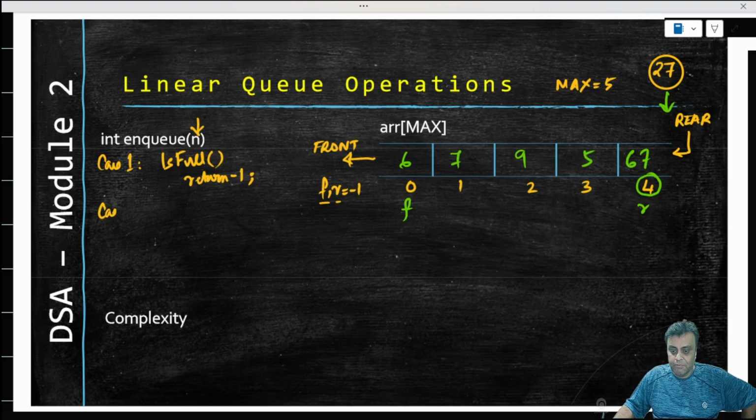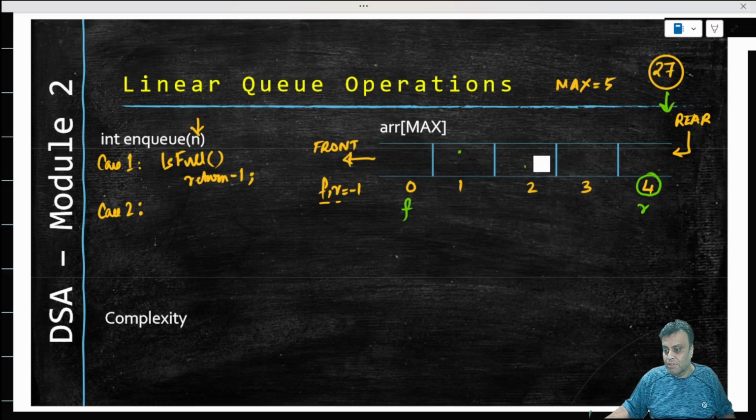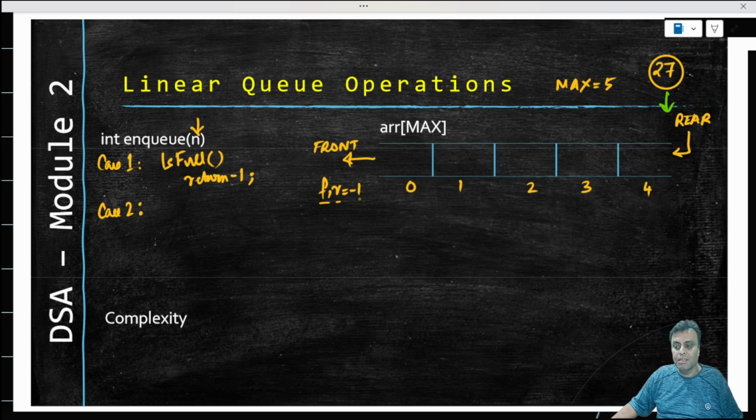The second step for me will be, if I come back to our empty queue concept, then my front and rear are at -1. So if this 27 wants to enter, then in order for 27 to enter, my rear has to move from -1 to rear++, so that it starts pointing here at 0.